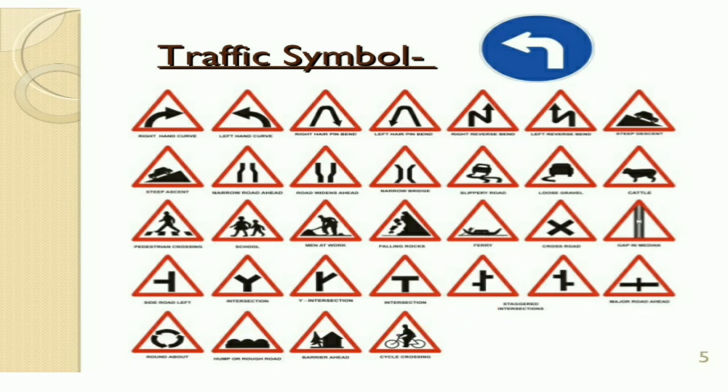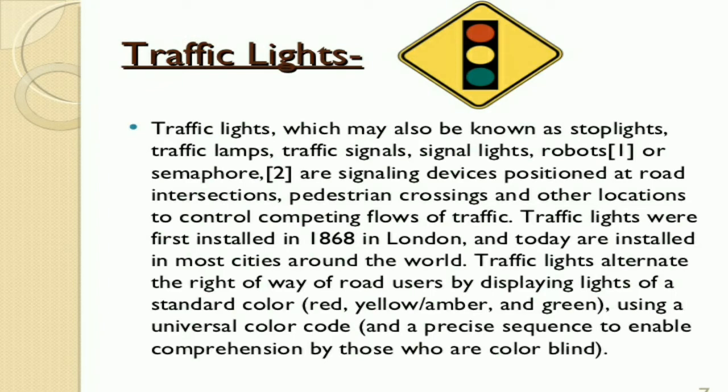So now next, traffic light. A traffic light may also be known as a stop light, traffic lamp, or traffic signal. It shows red, yellow, and green, a universal color code, with comparison for those who are color blind.